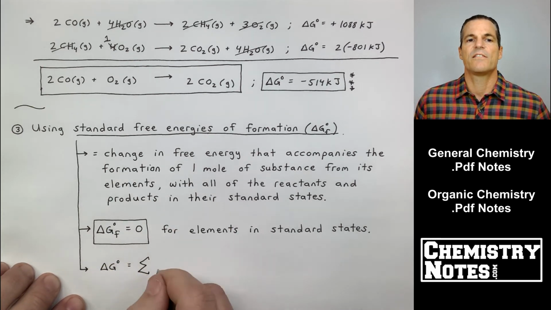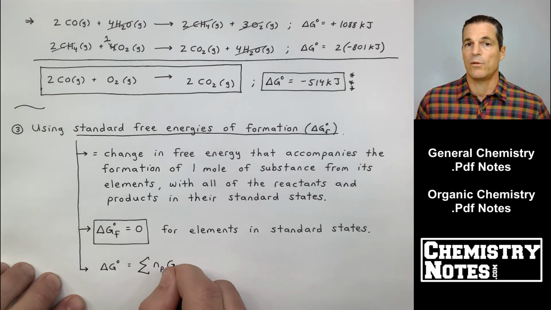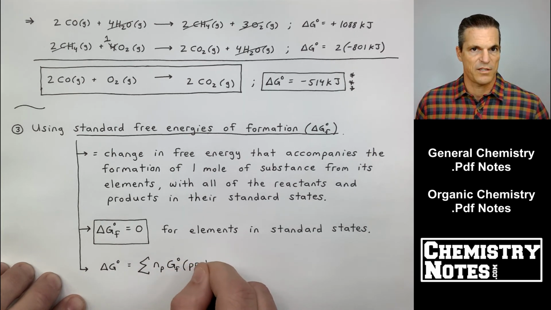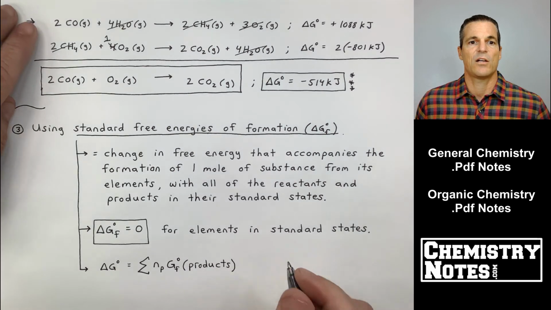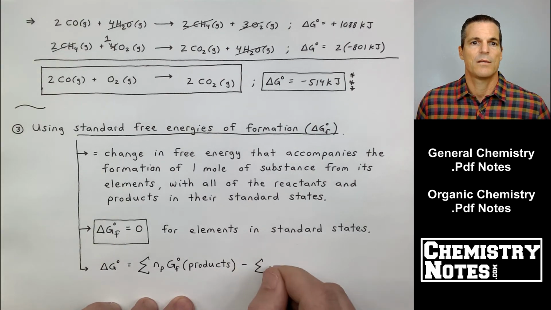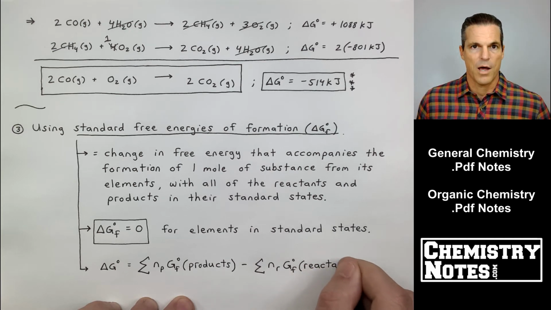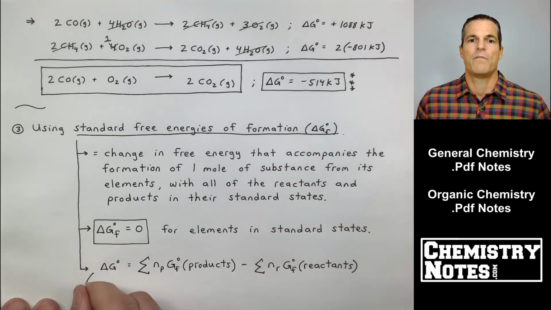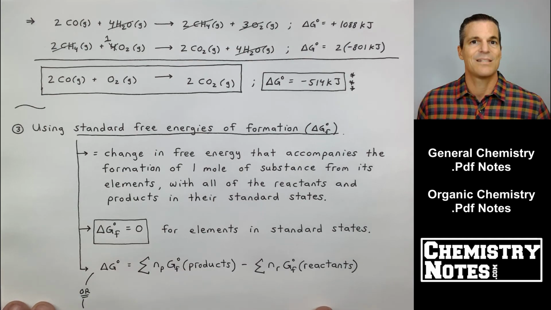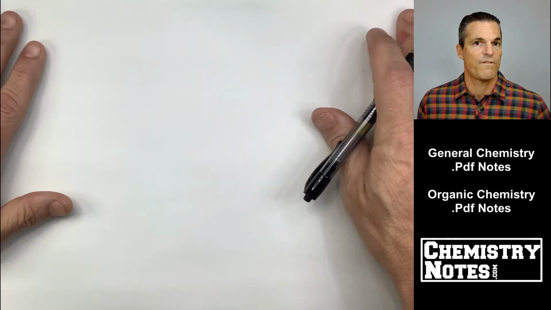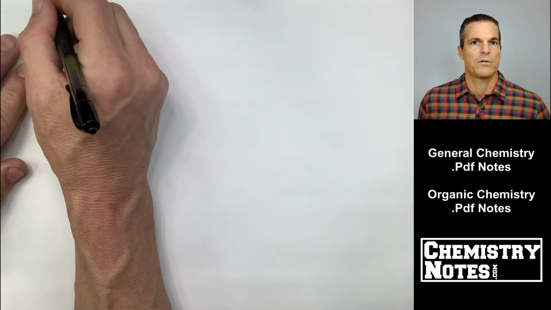So here is the funky looking equation that I don't like to use. I'll give you my own version on the next page. But basically it's saying delta G is equal to the sum of the free energy of all the products minus the sum of the free energy of all the reactants, taking into account the coefficient or the number of moles of each reactant or product.